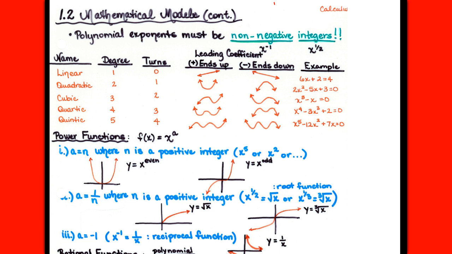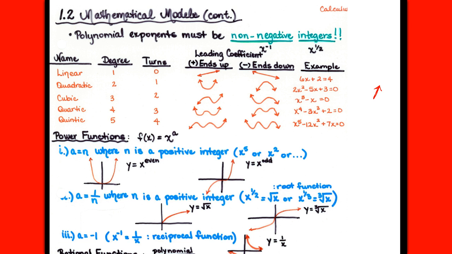We also learned last year about the leading coefficient test, that the leading coefficient tells you how this graph is going to end. So let's say that you had a cubic equation, so it has a degree of 3, and it turns 2 times, and let's say that its leading coefficient was positive. If its leading coefficient is positive, then I know by the leading coefficient test, it's going to end going up.